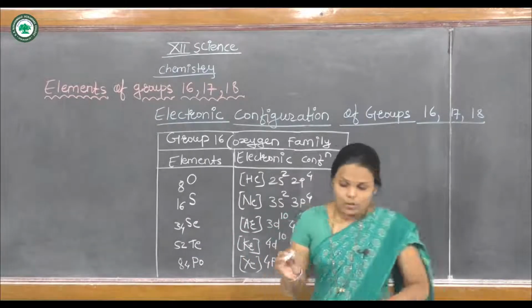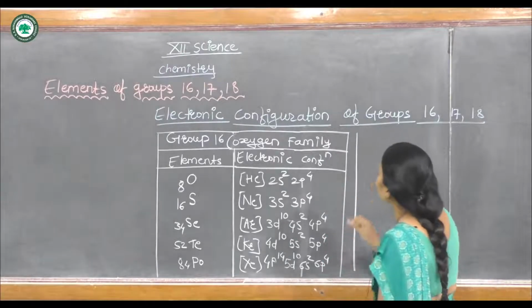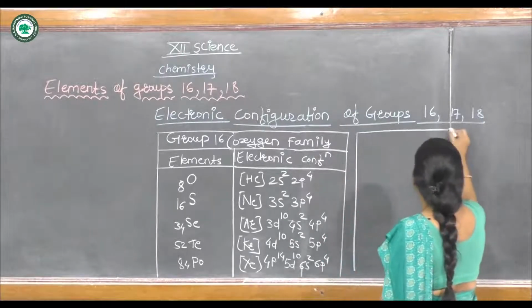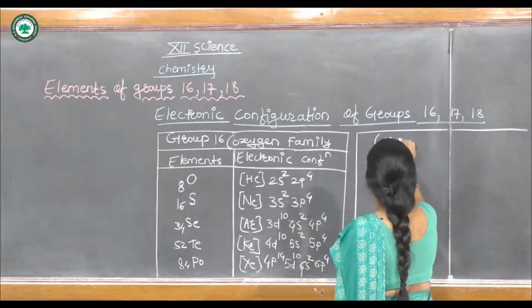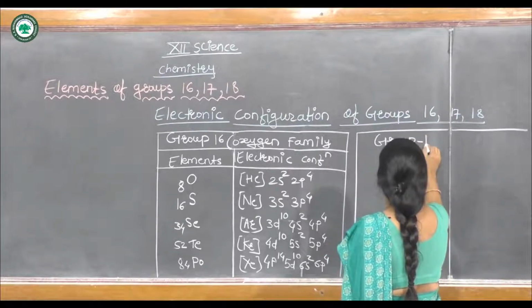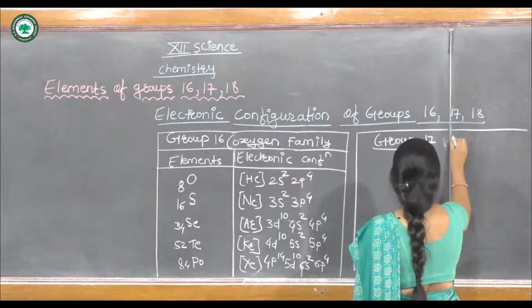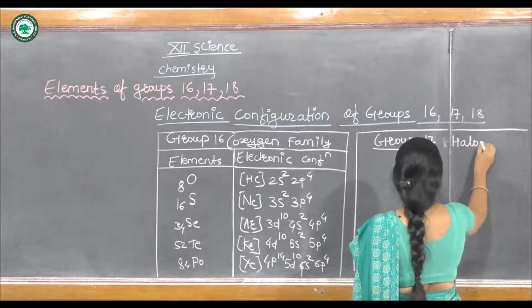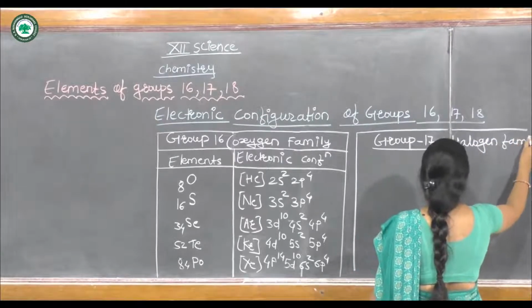Now we will discuss the electronic configurations of group 17. Group 17 is also called the halogen family.